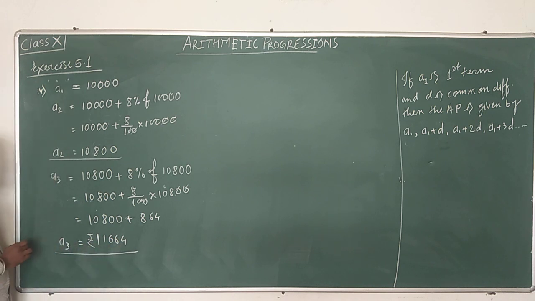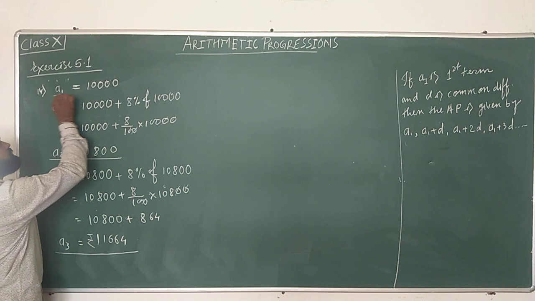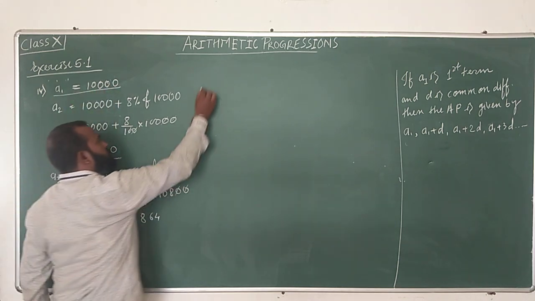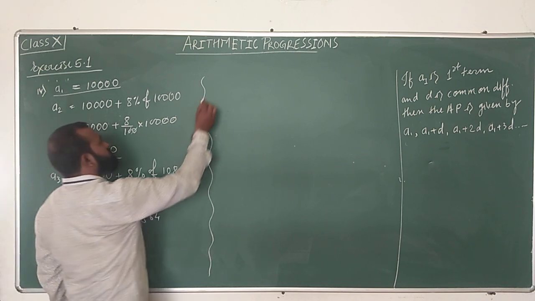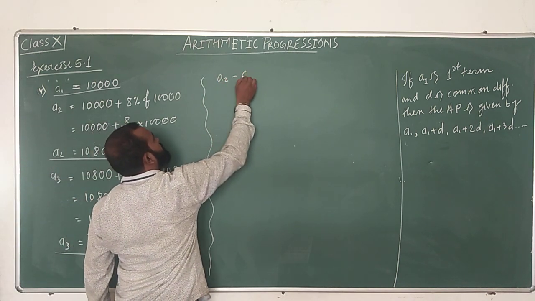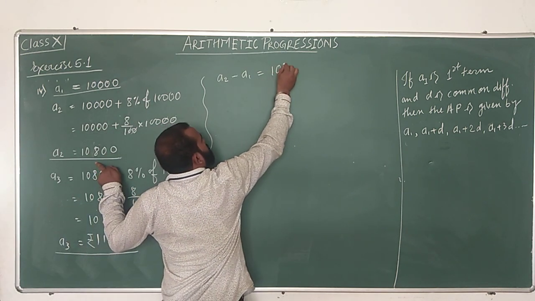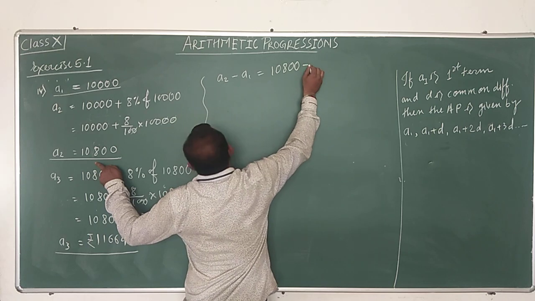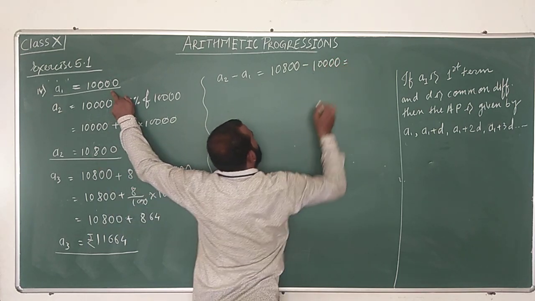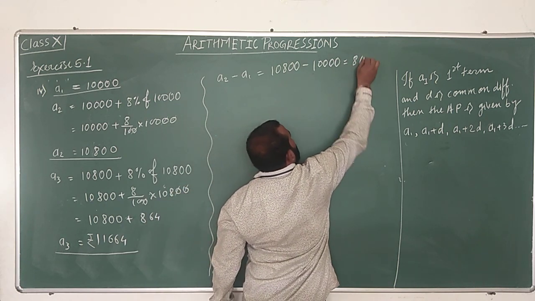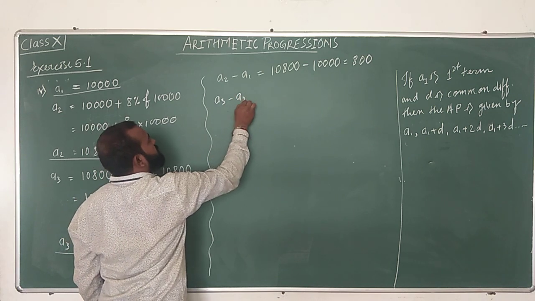At third year amount will be this much, at second year amount will be this much, at first year it is this much. Okay, now let us try to find whether it is AP or not. Now A2 minus A1. What is A2? 10800 minus A1 is 10,000. How much? 800. Now A3 minus A2.